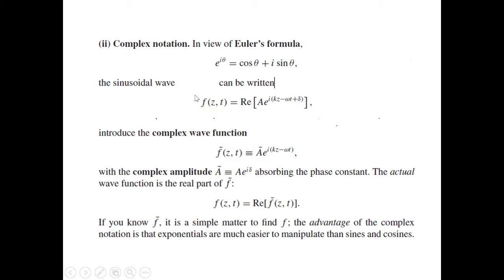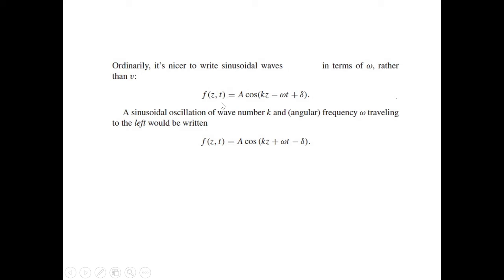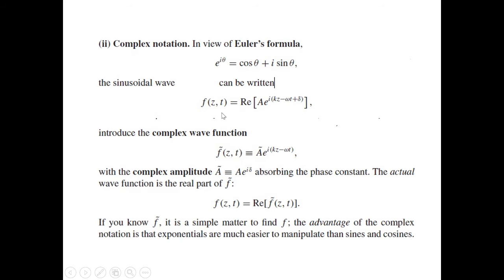Then we know that we are using some complex notation, in view of Euler's formula: e^(i theta) = cos theta + i sin theta. In the sinusoidal wave, we change f(z,t) to complex notation: f(z,t) = Re[A e^(i(kz - omega t + delta))].